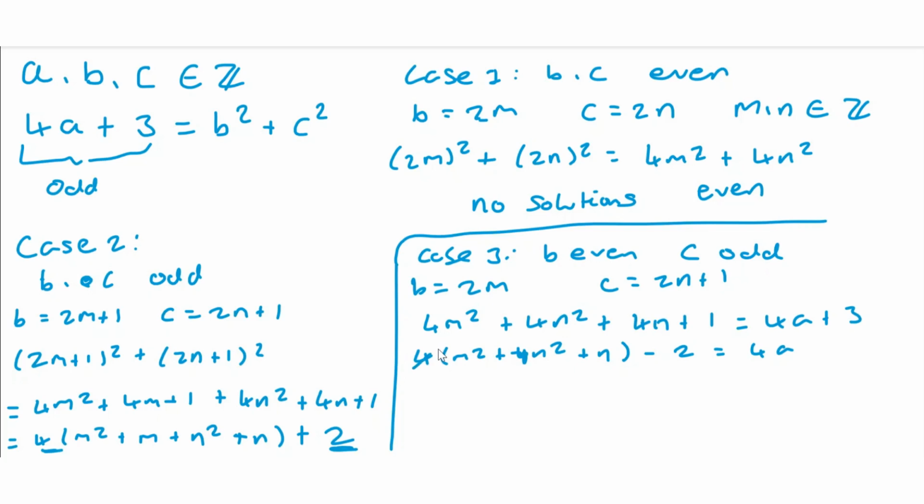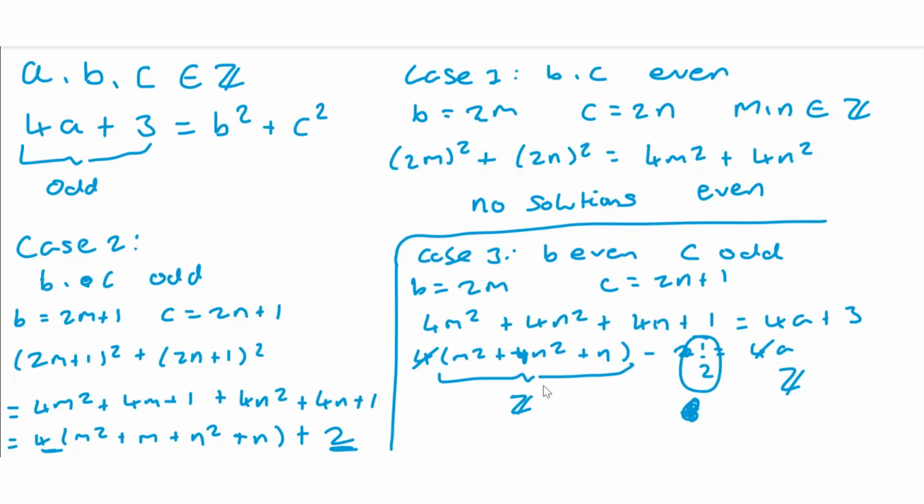So now if I divide both sides by 4, the problem is this becomes a half. So now this is an integer, okay, so is this, but this is not an integer, so this is not in Z.